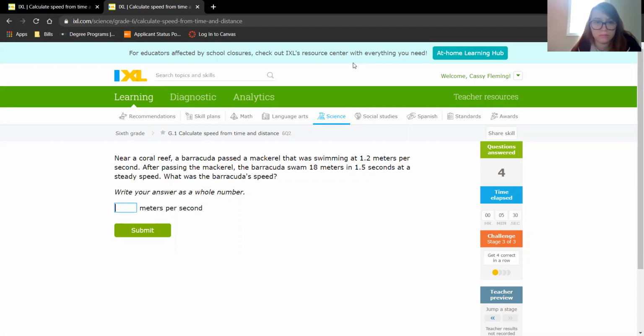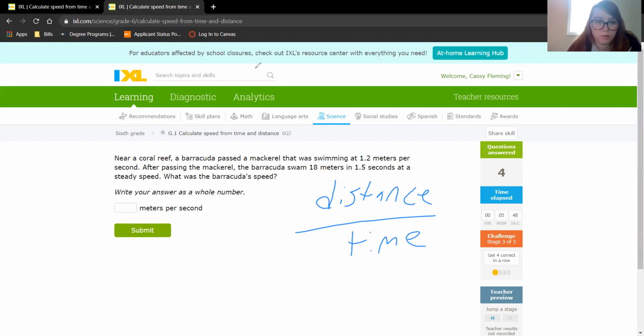So speed is always distance divided by time. Near a coral reef, a barracuda passed a mackerel that was swimming at 1.2 meters per second. After passing the mackerel, the barracuda swam 18 meters in 1.5 seconds at a steady speed.